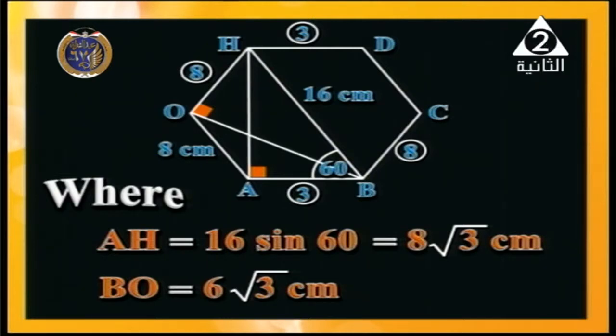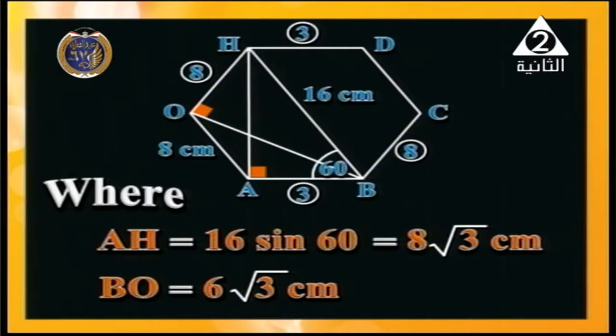Because the side length of the regular hexagon is 8. Therefore, AB and AO are 8, and BO is opposite the angle of 120 degrees. We construct a perpendicular from A to BO.